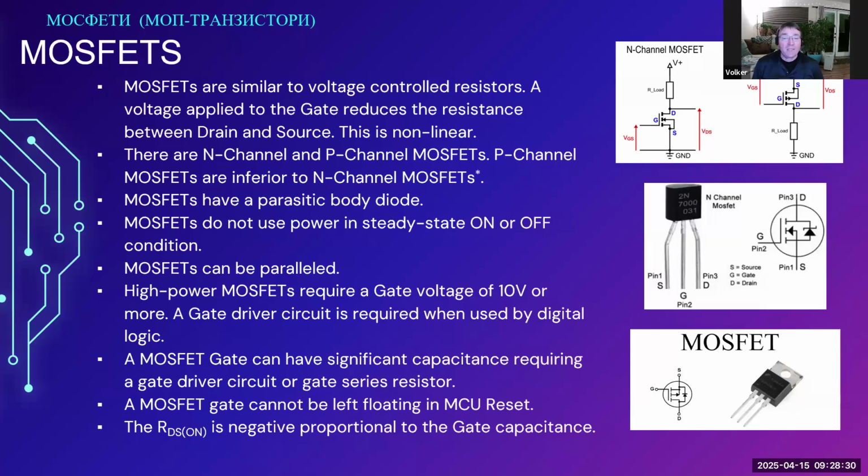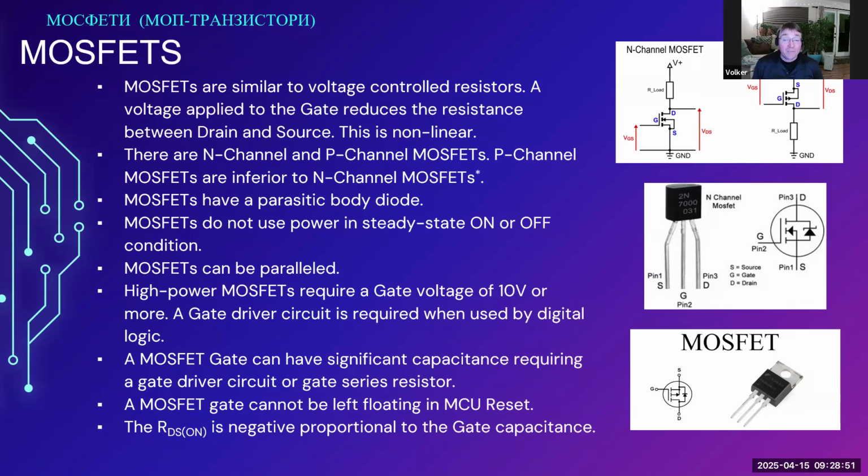The way it was explained to me is that in an N-channel MOSFET, the primary charge carriers are electrons. In a P-channel MOSFET, the primary charge carriers are electron holes. Electrons are easier to move than electron holes.